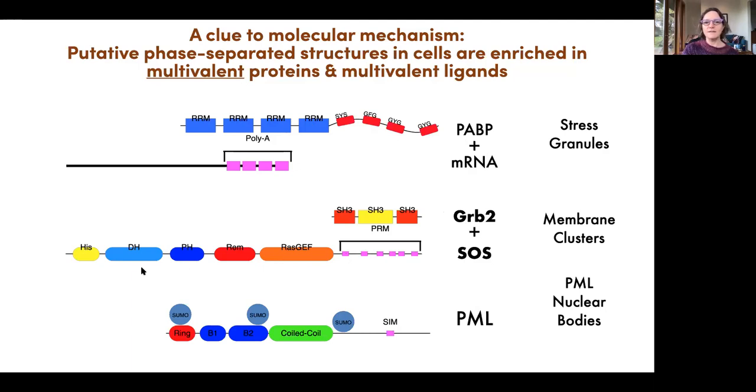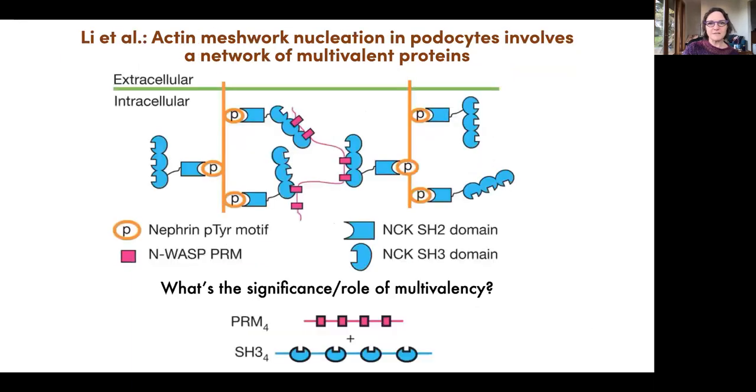So these proteins are basically chains of units that can interact with other proteins, and that's what makes them multivalent. These authors were aware of some work from chemists going back to the mid-20th century that suggested that multivalency is a property that can drive this kind of phase separation. And these authors were particularly interested in this system.